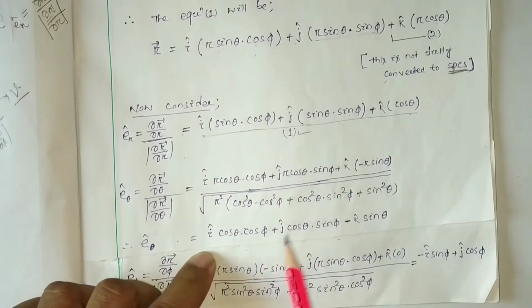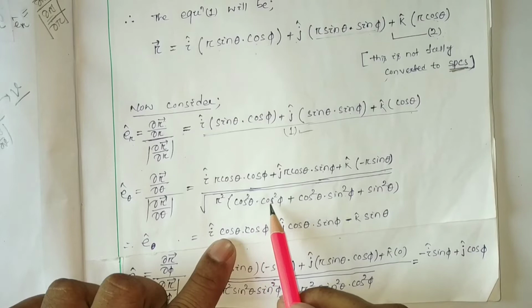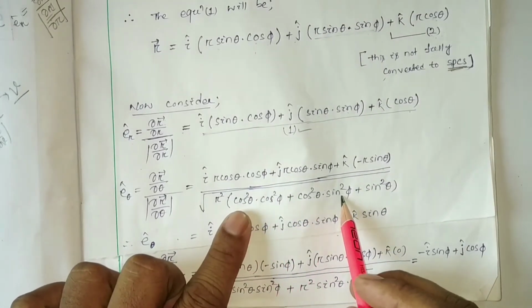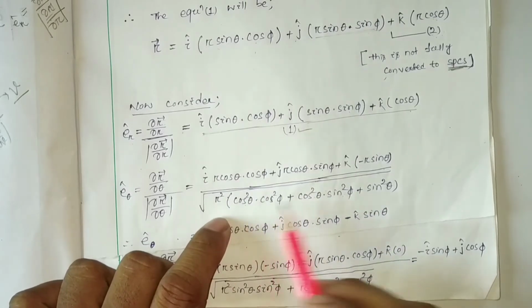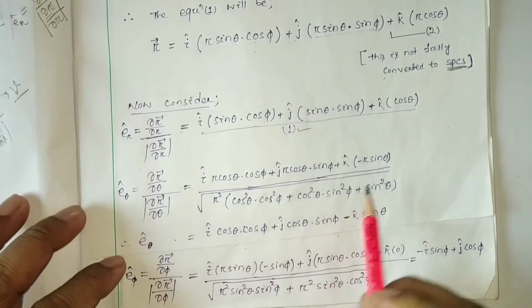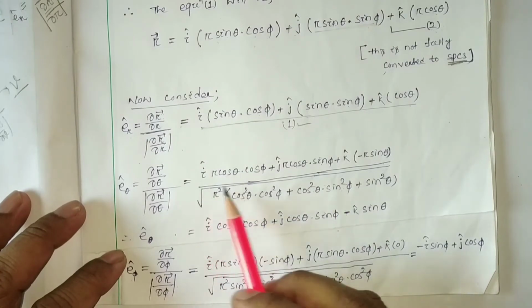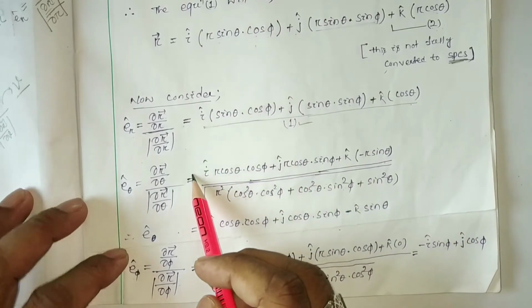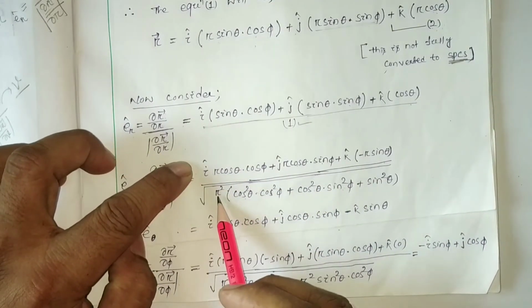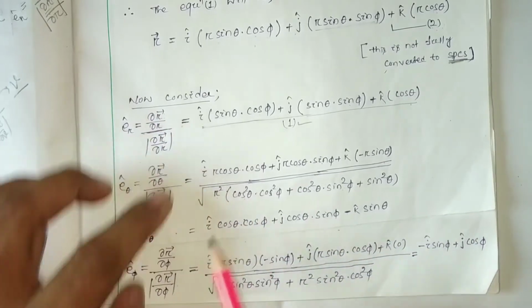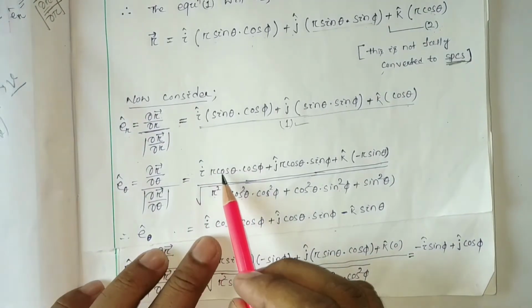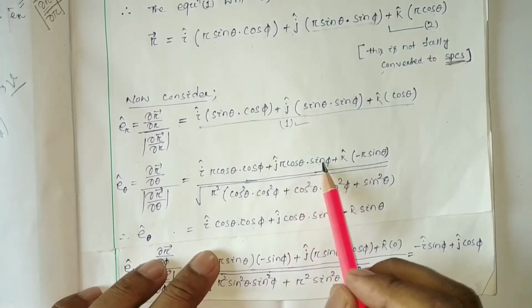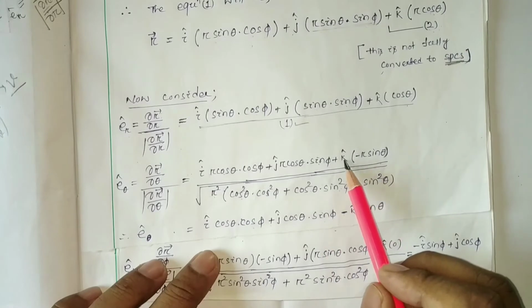If we take common cos square theta from the first two terms, we get cos square phi plus sin square phi, which is equal to 1. Again cos square theta plus sin square theta will be 1. So we get root r square, that means r. Since r is common in the numerator, this r gets cancelled, and we get i cap cos theta cos phi plus j cap cos theta sin phi minus k cap sin theta.